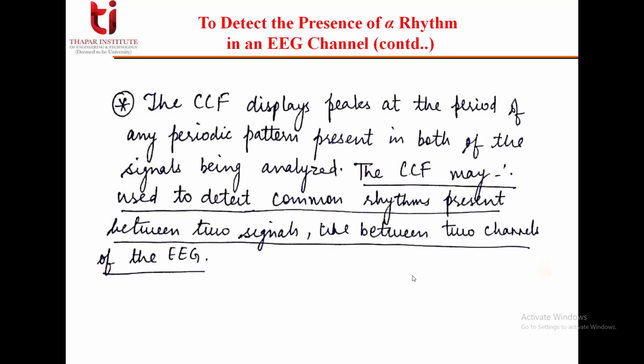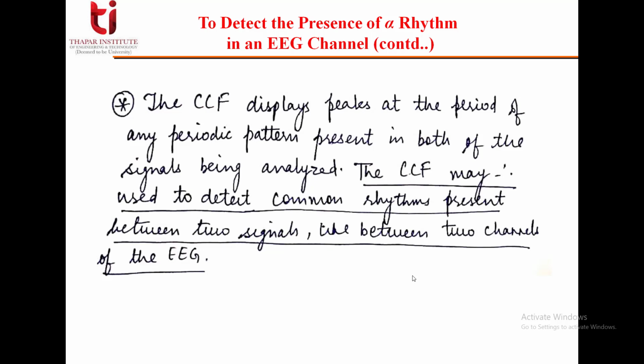So the autocorrelation function compares the signal with itself, and the cross correlation function compares two different signals. The cross correlation function may therefore be used to detect common rhythms between two signals, like finding an alpha rhythm between two channels of an EEG signal.